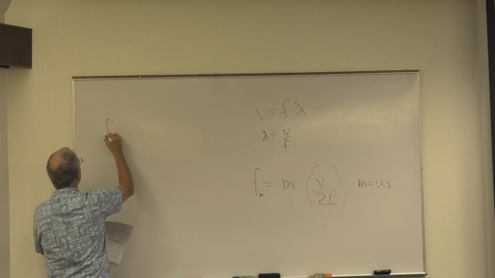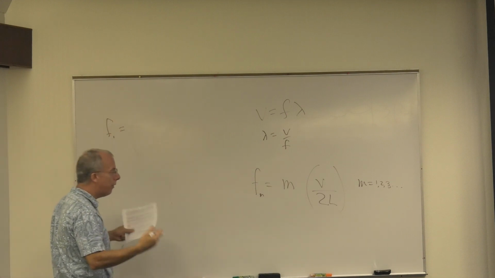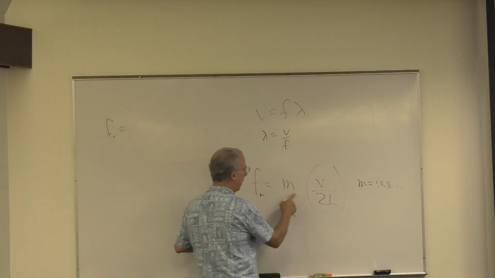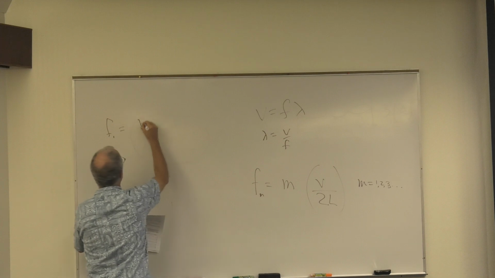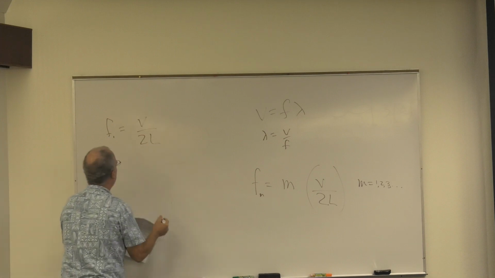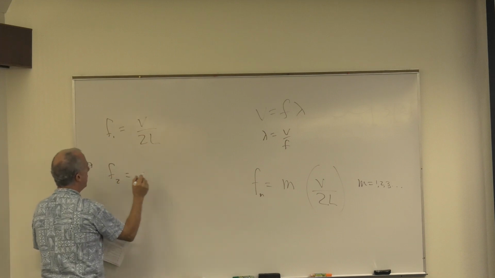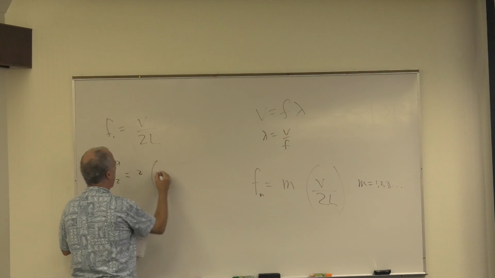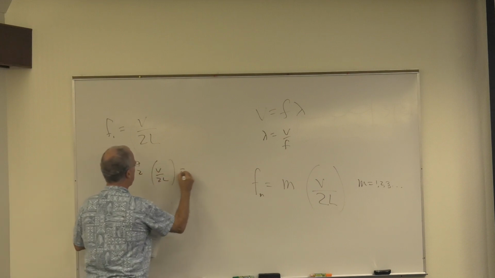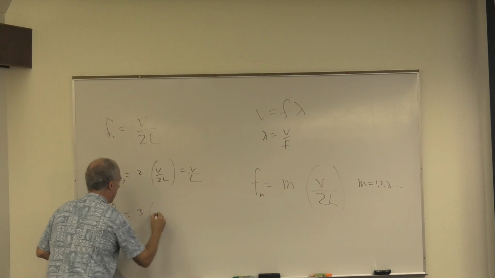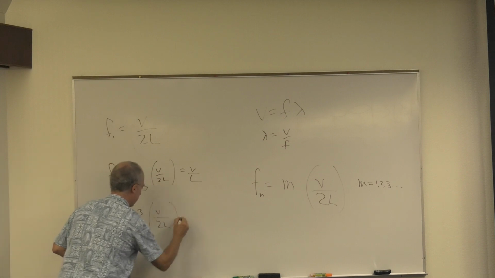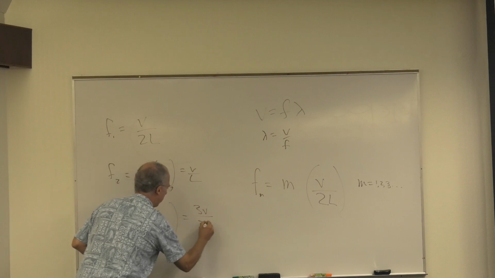The fundamental frequency, the lowest frequency, is obtained by putting m equals 1. So it's just v over 2L. Then F2 would be twice that, 2 times v over 2L, which is just v over L. F3 would be 3 times that, and so forth and so on.